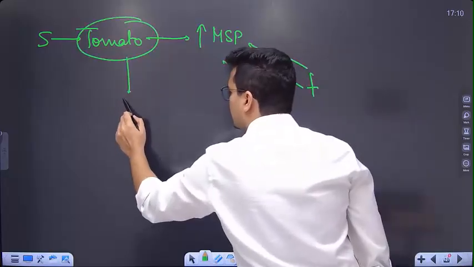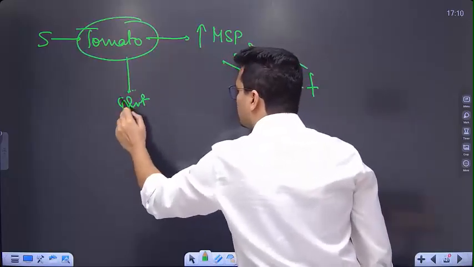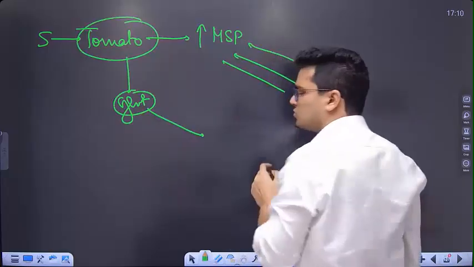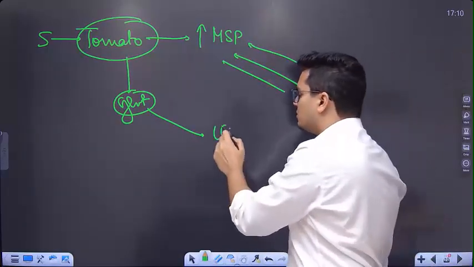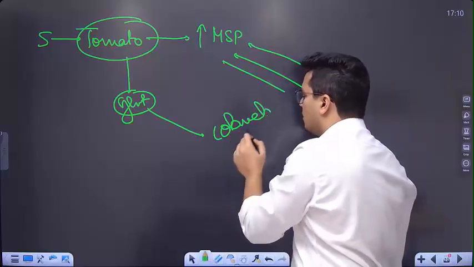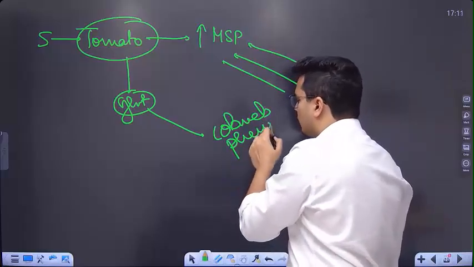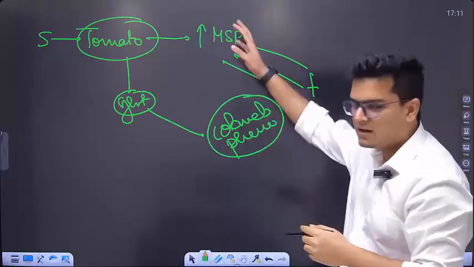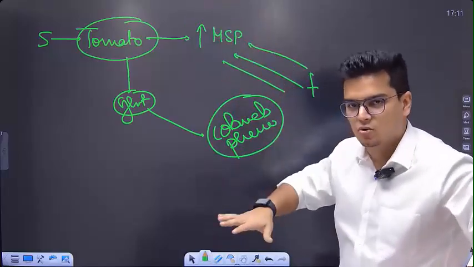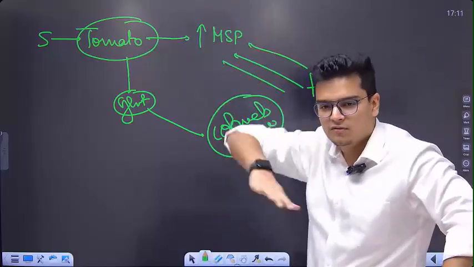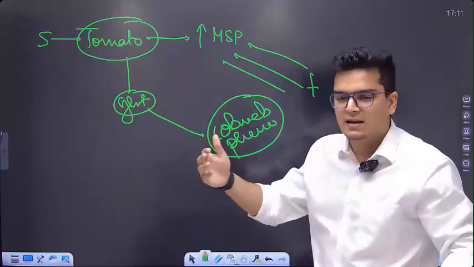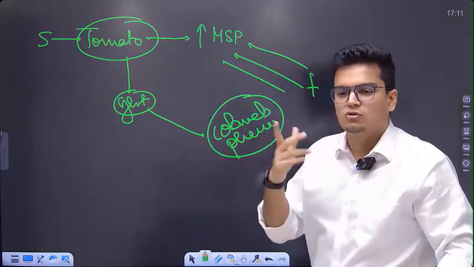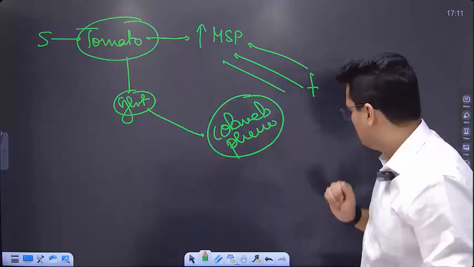Next year, there is a glut of tomato production in the market. There is too much tomato, more than we can sell. This is known as the cobweb phenomenon. Why is this happening? Because there is an external control on your market dynamics. So you are not letting enough price discovery happen through supply and demand dynamics.